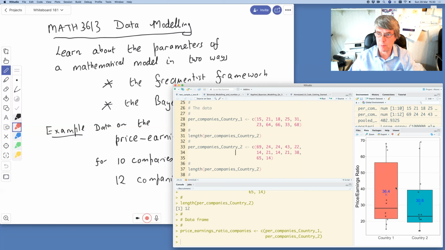I've also displayed those data using a box plot. What we learn from this box plot is that the boxes are somewhat different, but they certainly overlap each other. So what we want to understand better is the differences, if any, between the two countries.